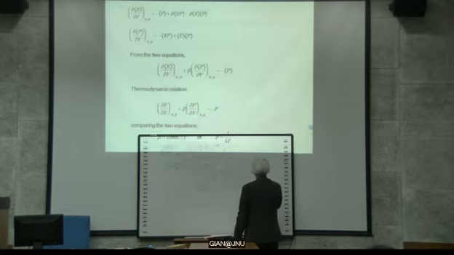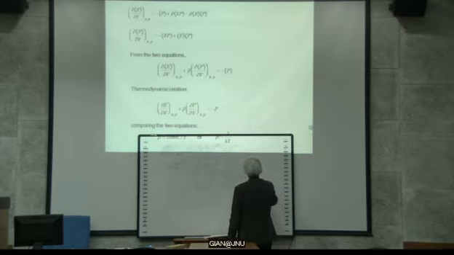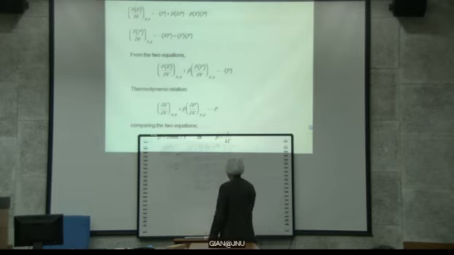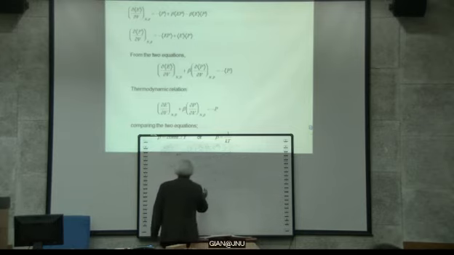Splitting this factor into two, exponential minus beta EJ sum minus EJ exponential minus beta EJ. So this one is again PE, right?